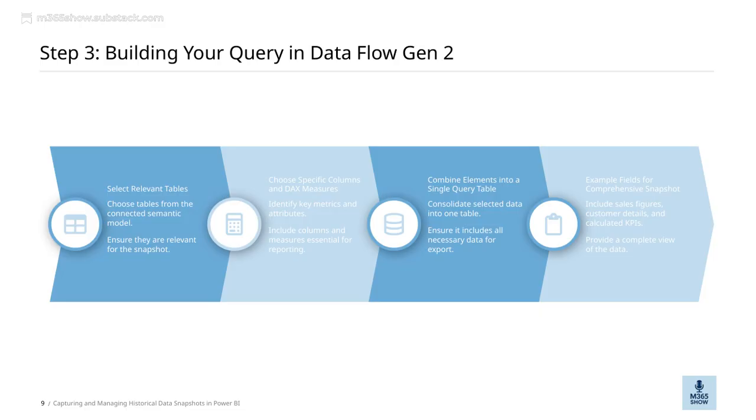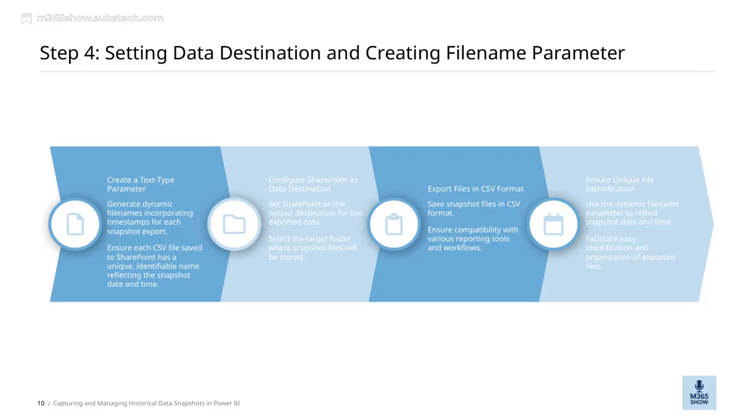Now, in this final step, we're focusing on setting up our data destination and creating a dynamic file name parameter. The key idea here is to make our exported files easily identifiable by including the snapshot date and time directly in the file name. This way, when you look at your files, you can instantly tell when each snapshot was taken, which makes organization much simpler.